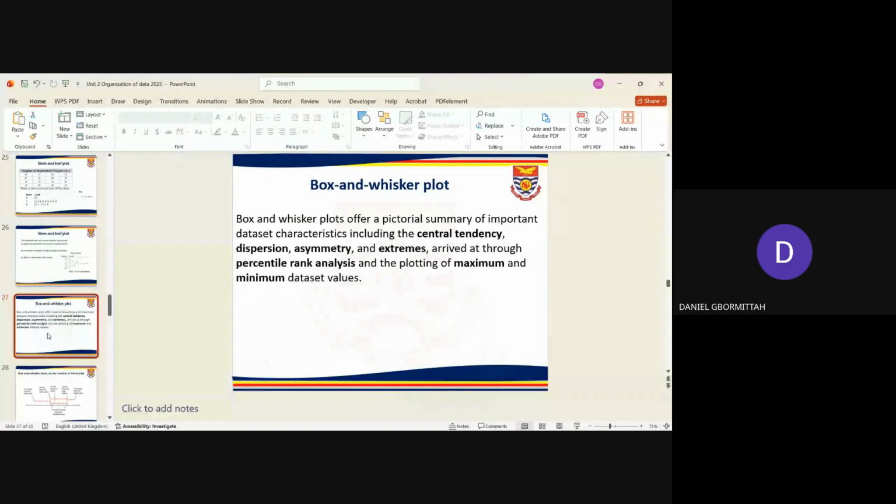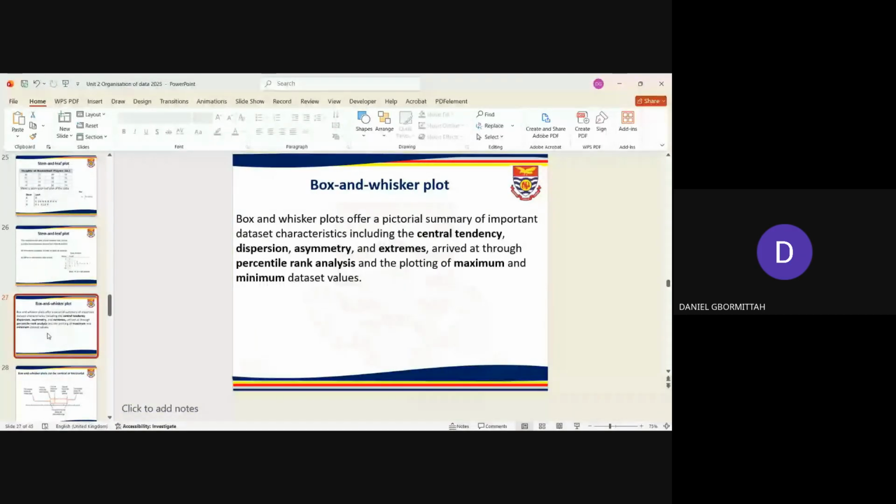Then we come to the box and whisker plot. So this one, you look for a box and then you look for your whisker. You now have what we call box and whisker plots. So box, here you are. Whisker, here you are. The box and whisker plots offer a pictorial summary of important data set characteristics.